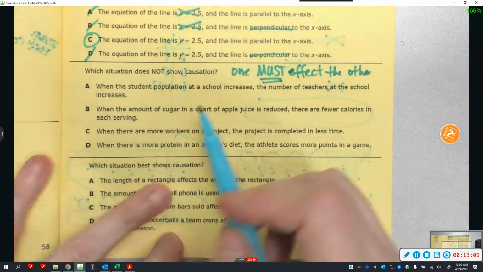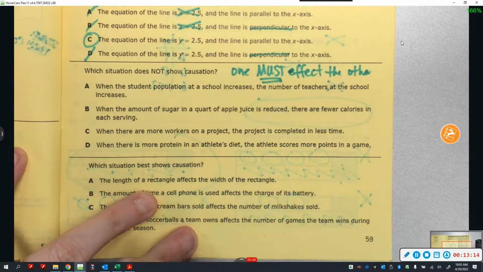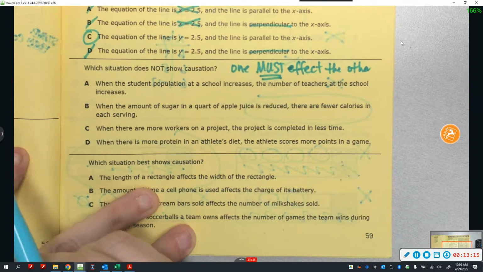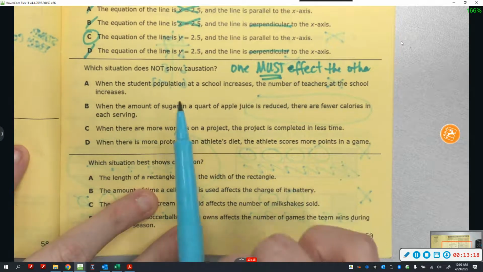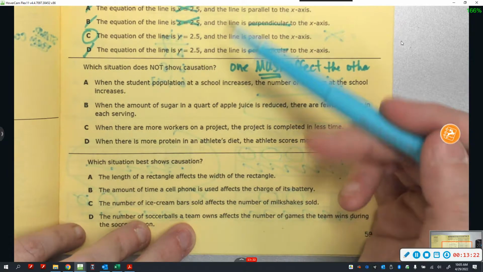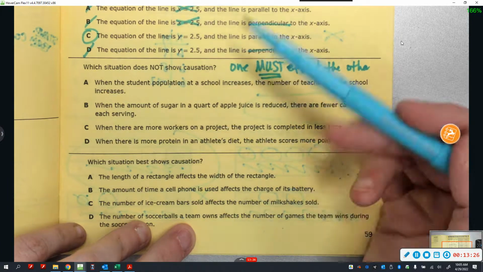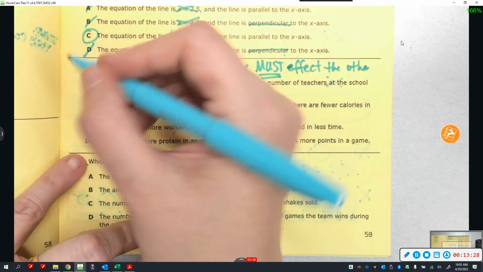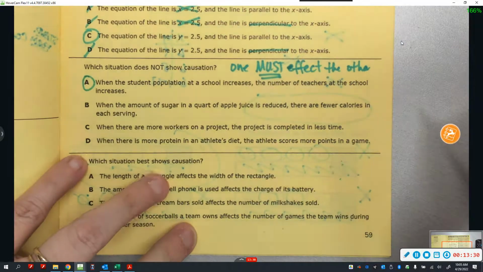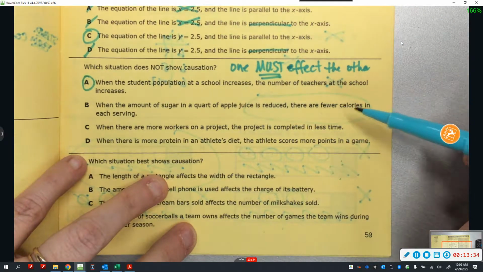So if the student population at a school increases, must the number of teachers at the school increase? Spoiler, the answer is yes, because actually every year at our school, if we have fewer students, for example, fewer 6th graders coming in next year, we're going to need fewer 6th grade teachers. We're going to have fewer allocations for teachers. So this is true. When the amount of sugar in a quart of apple juice is reduced, there are fewer calories in each serving.